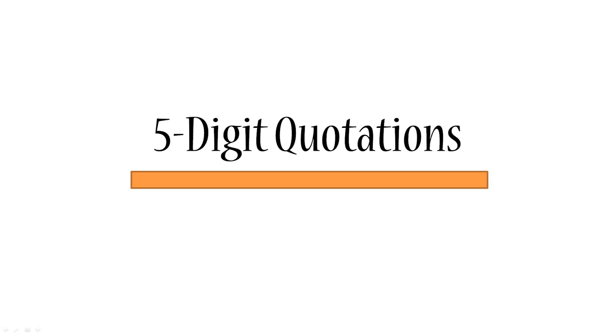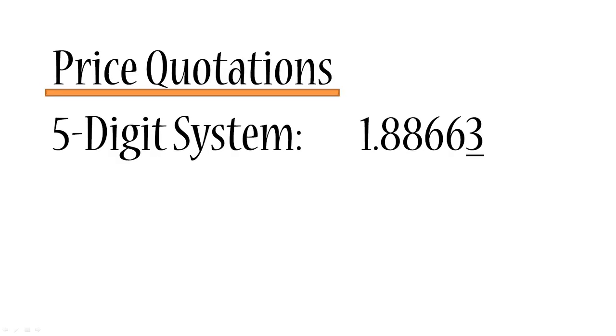5-digit quotations. So now we've got a new system in the Forex market. It's been around for a couple of years now. The precision of price quotations is getting better, and now most brokers actually supply quotations in a 5-digit mode.